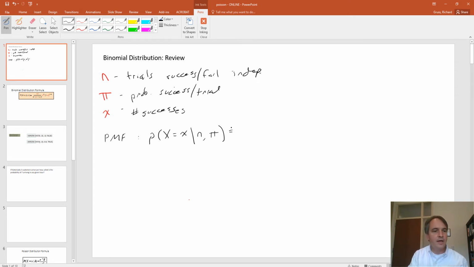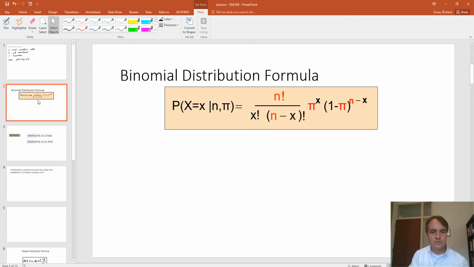And we saw that this was the formula we used to calculate that. So there's our x, our number of trials, there's our probability, and we can just plug everything in here.